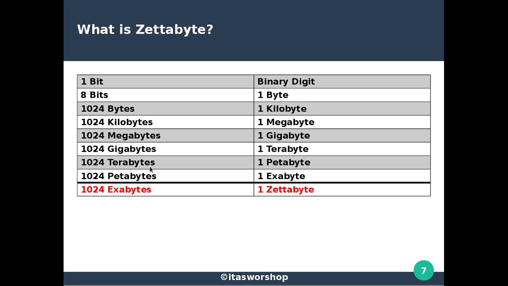That's a lot in itself. And 1024 petabytes becomes an exabyte, and then 1024 exabytes becomes a zettabyte. So we are here dealing with terabytes. Maybe in the coming years, in a couple of years, we start dealing with petabytes also. That's how data generation is going to increase day by day.